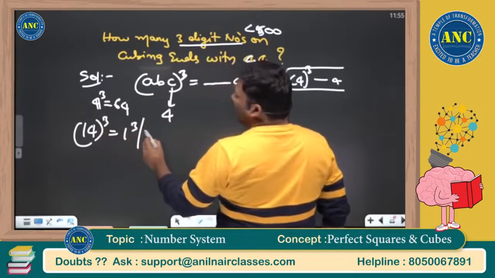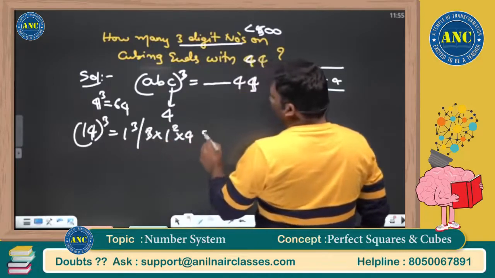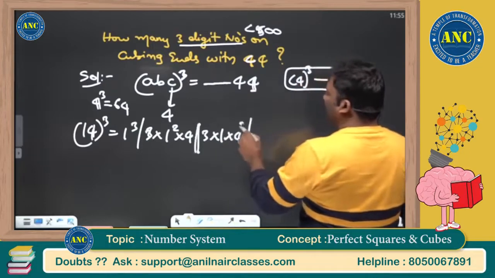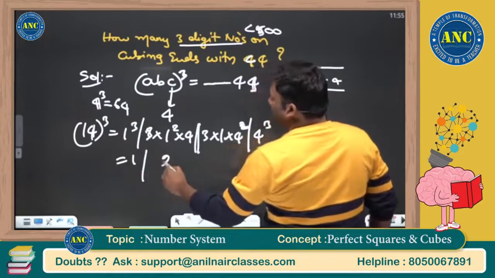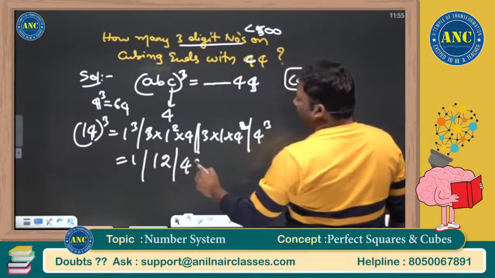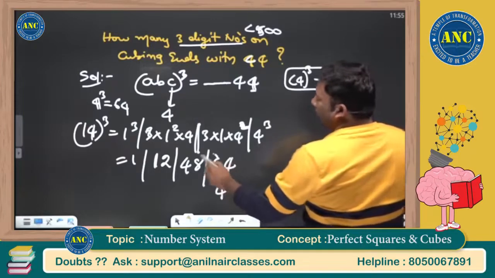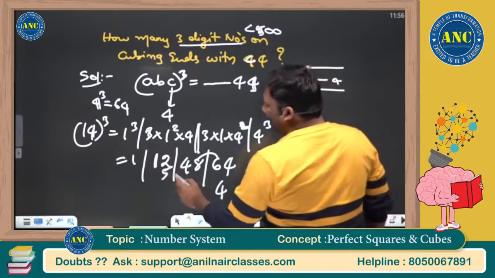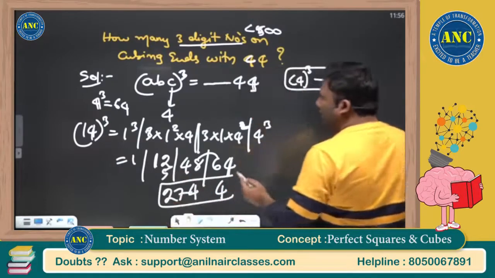That is exactly the reason why I discussed a plus b whole cube: a cube, 3a square b, 3ab square and b cube. 4 cube is 64, 4 and 6 carried, 48 plus 6 is 54, 5 carried, 17, 2744. I got 44 at the end.